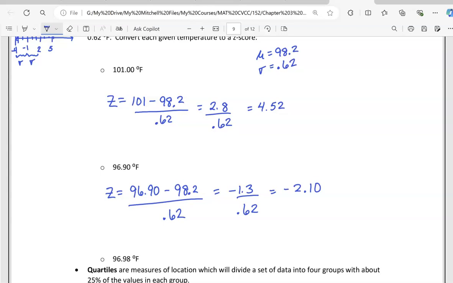And then if we look at that last one, we've got 96.98. So my z-score would be the x value minus the mean divided by the standard deviation. Got negative 1.22 divided by 0.62.